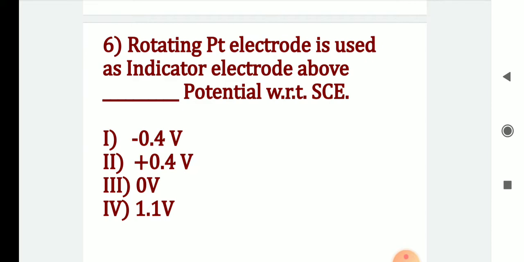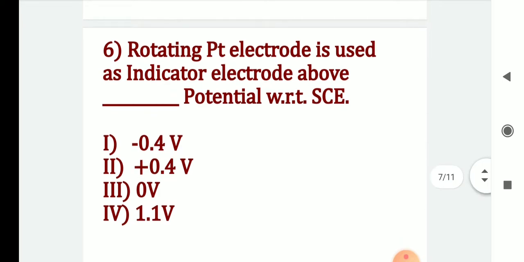Usually in the case of polarography or any modified or extended polarographic method, the DME is used, but DME cannot be used at positive potential beyond a limit with respect to SCE. Usually the DME is used between 0 and minus 2 volt, or even a little bit lower than that.